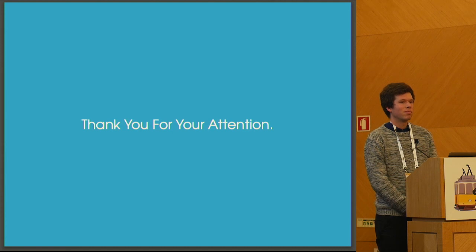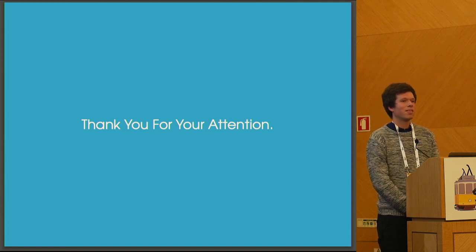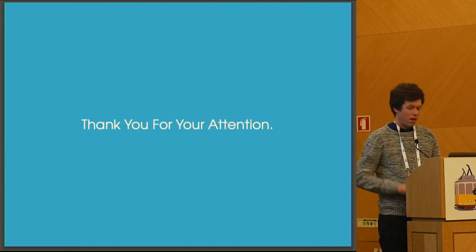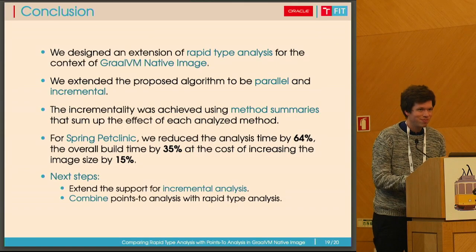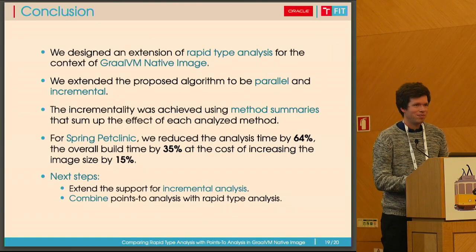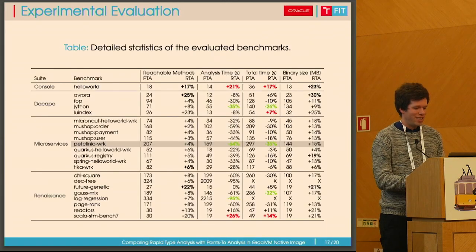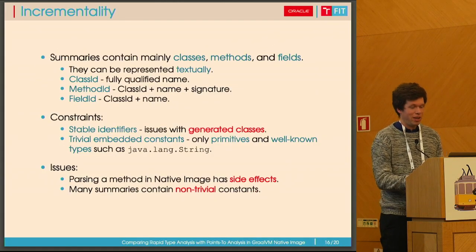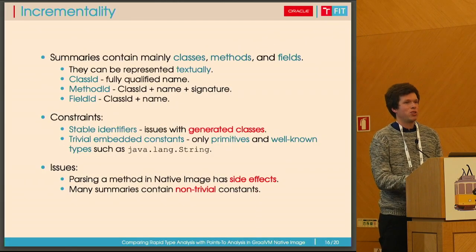I'll make the other obvious question, which is, what's the work on making this incremental? So one of the next steps would be incremental support. Well, as I mentioned, there are two issues with incrementality. First of all, the side effects, which is rather a lot of engineering work.